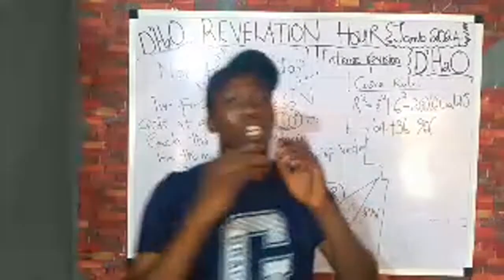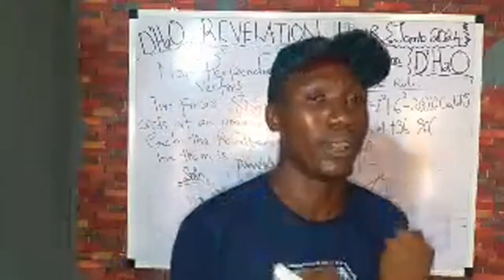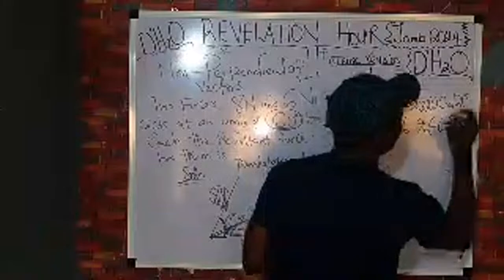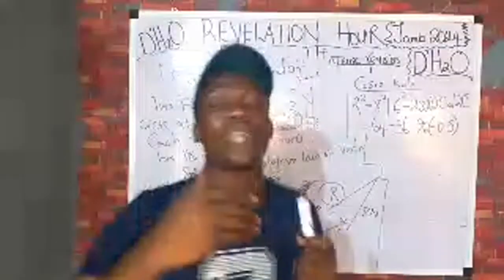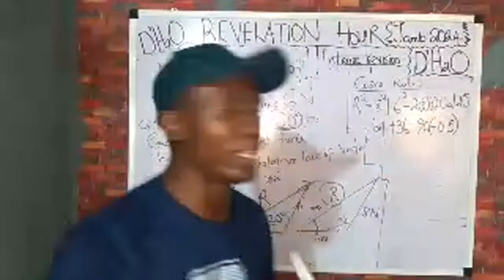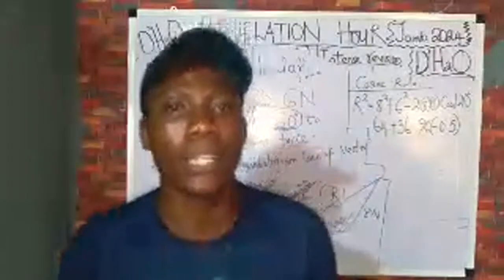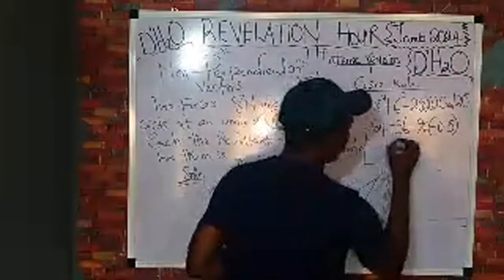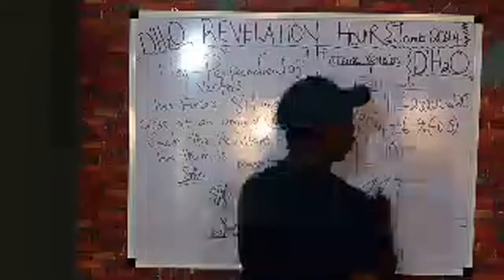Cos 60 is synonymous to cos 120 degrees, except that this time it will be minus 0.5. Why? Because 120 degrees is in the second quadrant, and in the second quadrant your cos is negative. So this plus this gives us 100.